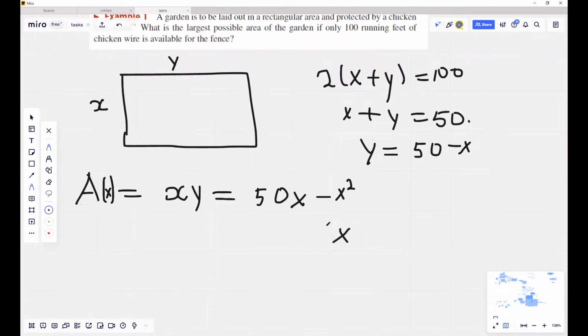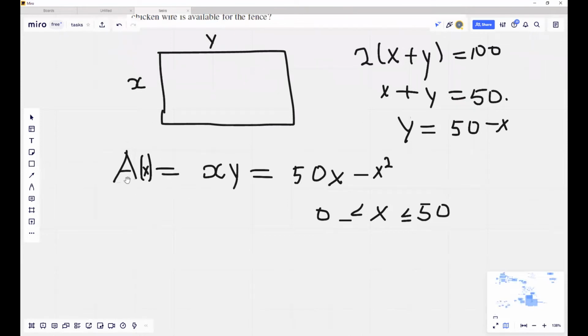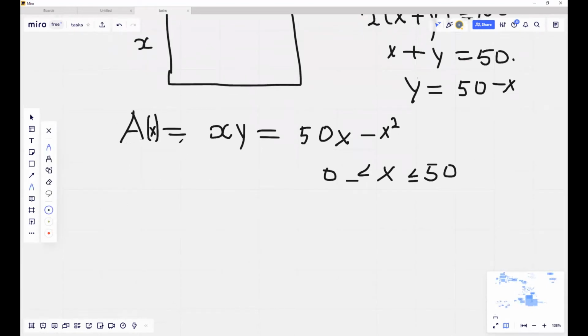So x is defined in the interval from 0 to 50. Okay, now our goal is similar to the techniques that we studied in the previous lecture video. We need to find the absolute maximum of this function on that interval. Or rather, we need to find the value of x that will maximize this function in this interval here.